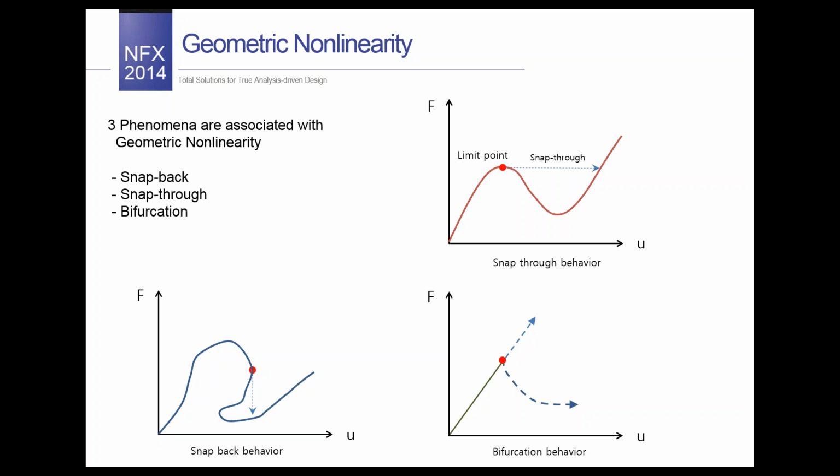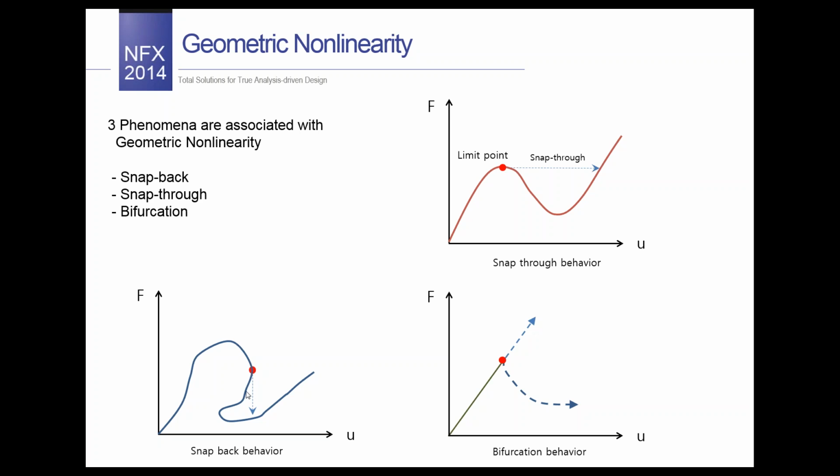This is actually the most important thing. So what is the snap-through? The snap-through behavior usually occurs when there is a horizontal tangent in the load displacement curve at a point which is called a limit point, as shown in the figure, where the deformed shape suddenly jumps from one position to another, but the load remains constant.